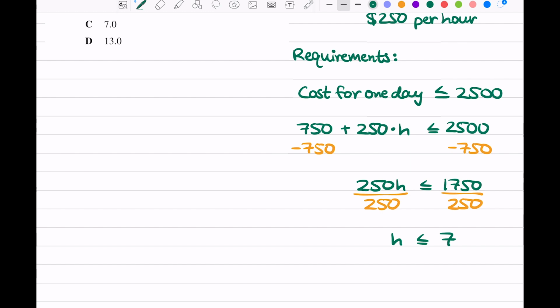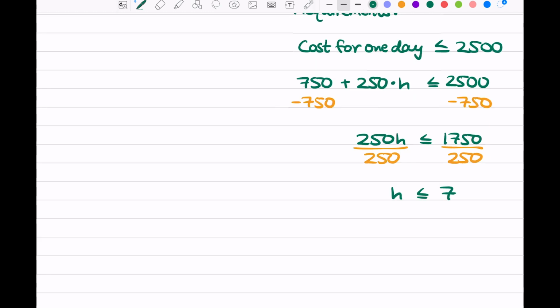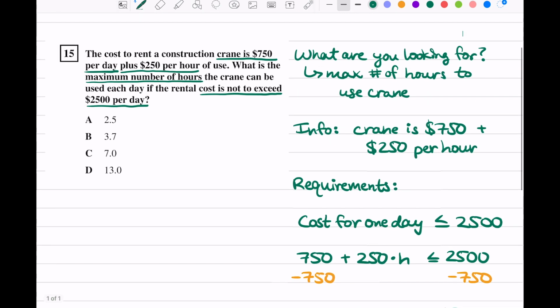So the number of hours we use the crane has to be less than or equal to 7. In other words, 7 would be the max number of hours we can use the crane. Looking at our answer choices, that would be C. So our method for solving word problems gave us an easy way to step through this problem.